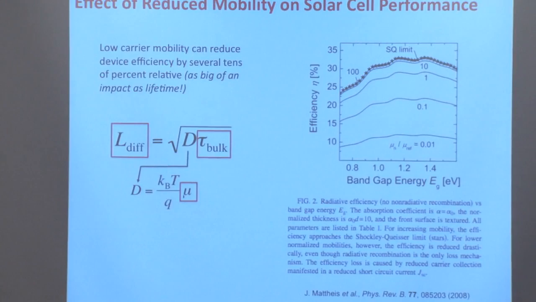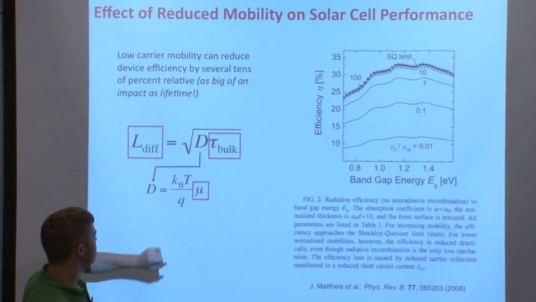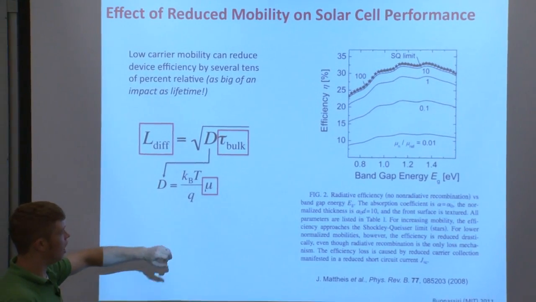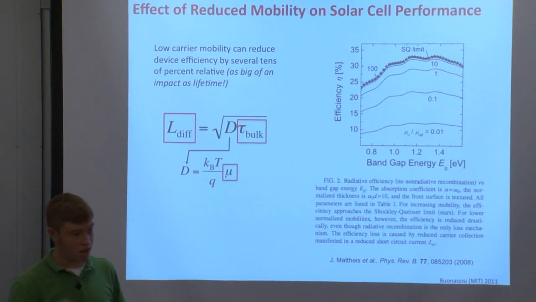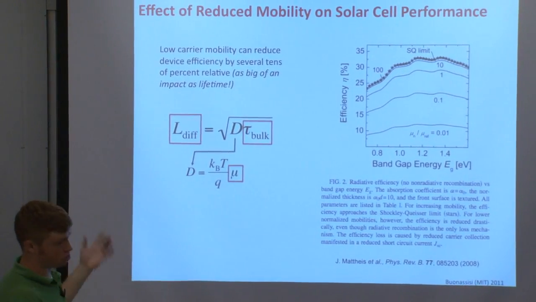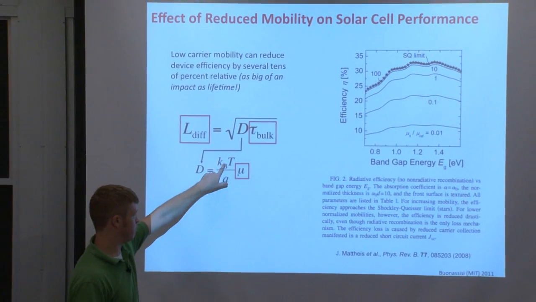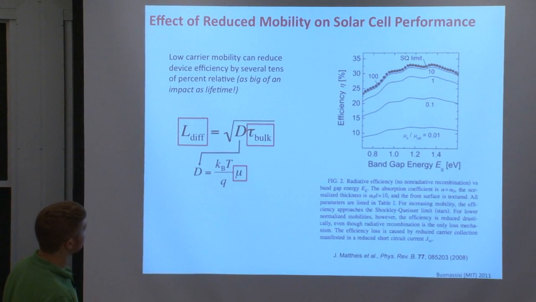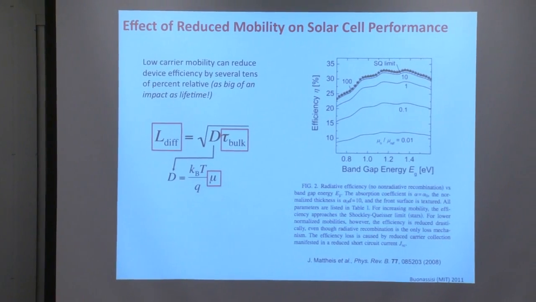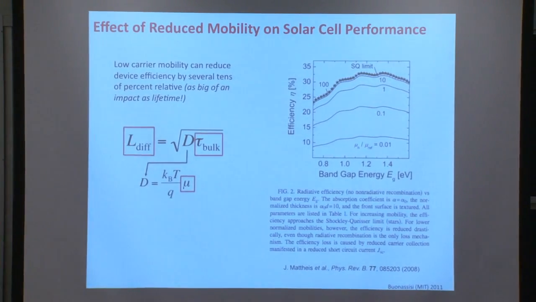All right, so if we remember our definition of mobility, it's related to our diffusivity. And again, our mobility is saying how well these excited charges can move around. And it's also related to how much thermal energy these charges have, so that's why we have this kBT factor. And what's plotted on the right is the Shockley-Queisser efficiency limit, which are those stars.